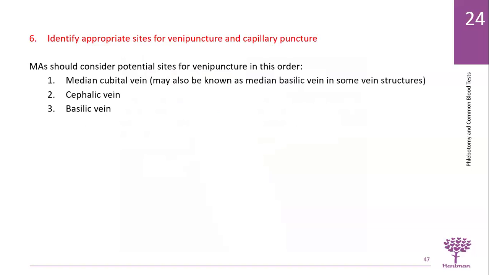So you want to make sure you consider potential sites for venipunctures in this order. Median cubital vein would be your most commonly used. The second best vein location is usually the cephalic vein. And then lastly, the basilic. And so what I would say, basilic close to the body, B and B. Basilic close to the body. Cephalic is on the outside.